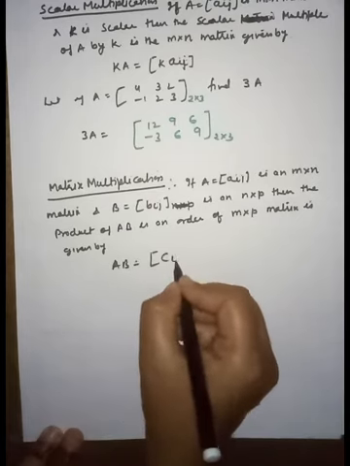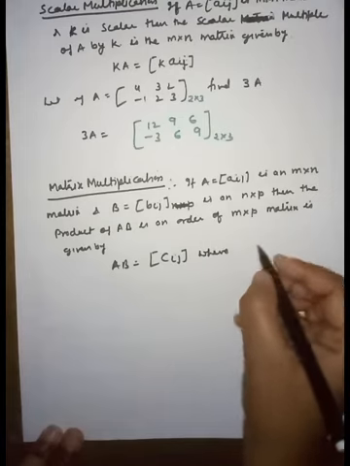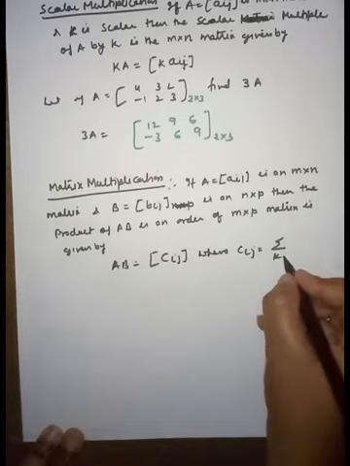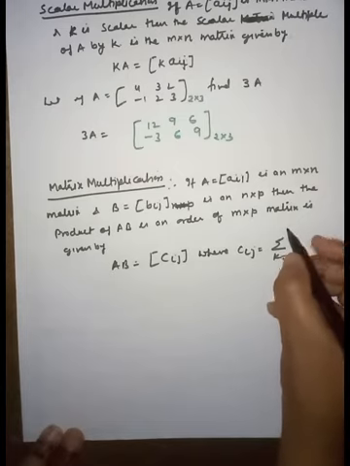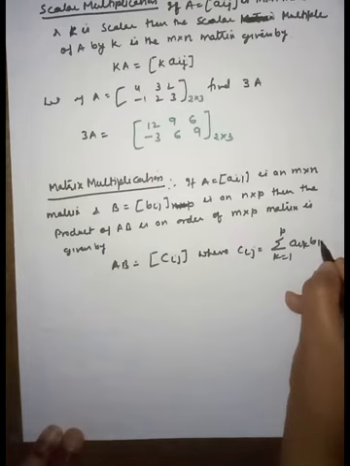AB equal to Cij, where Cij equal to summation k equal to 1 to N of Aik Bkj.